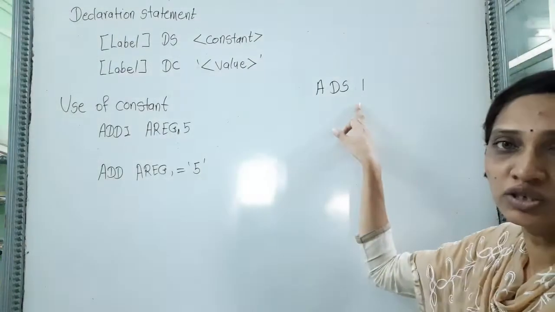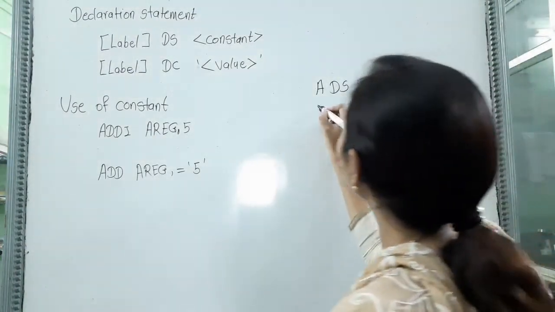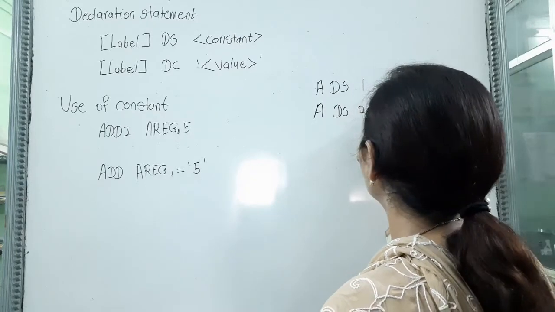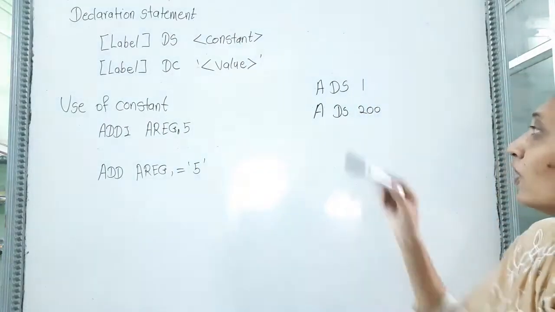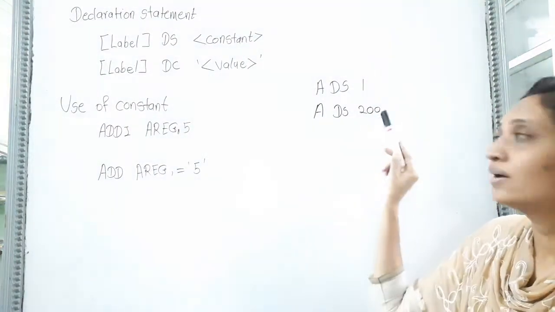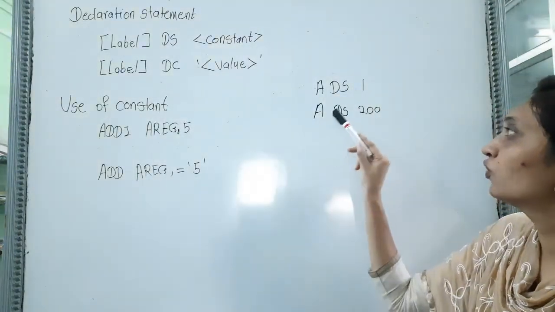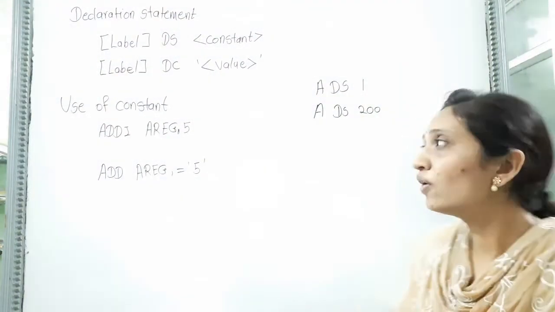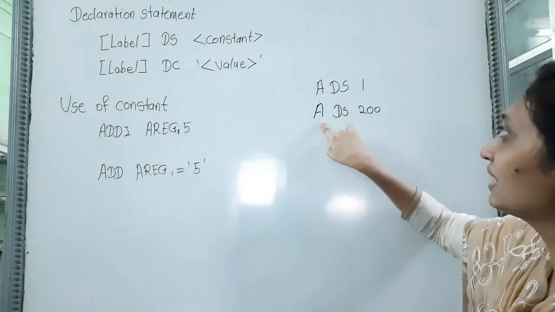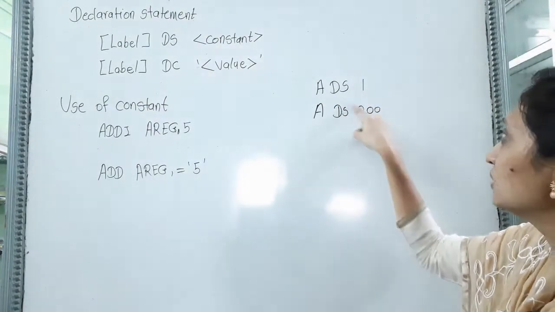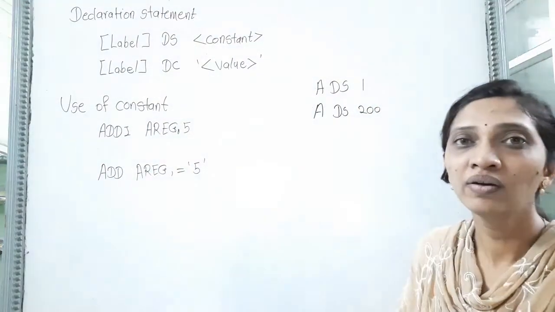Another example, suppose A DS 200. Now for A, how many words are reserved? 200. Declaring storage means that for A, 200 memory words are reserved. Here the label A is given to the first word of these 200 memory words.